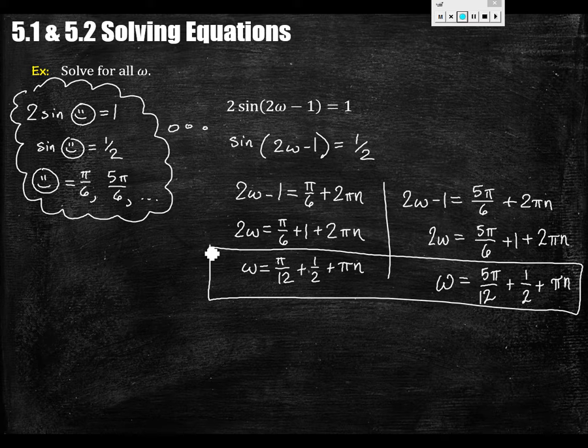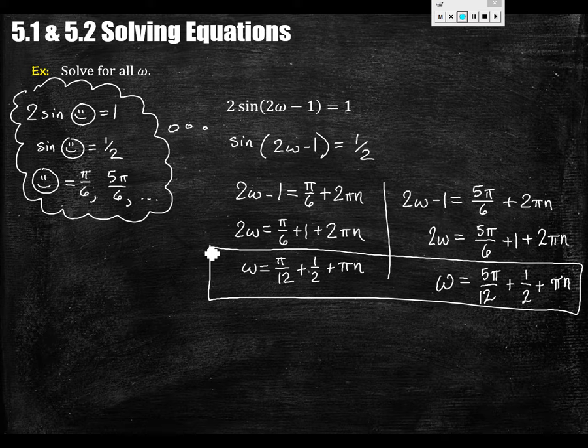One other small comment to make is this. This actually makes this a more challenging problem. If I were to say solve on the interval 0 to 2 pi, that's actually a hard question to answer on this one. I'd rather leave it this way, because figuring out what n values will put us on the interval 0 to 2 pi is a bit of a headache.